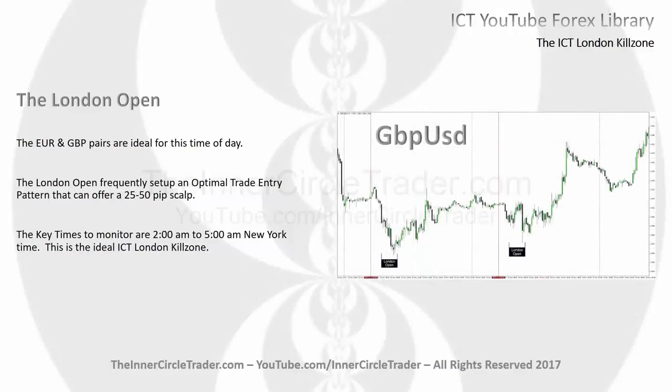And conversely, we can see when the market is bullish, the tendency is for the market to trade down, creating the low of the day in the London Open ICT kill zone. Again here, market trades down after midnight New York time, creates the low of the day between 2 o'clock and 5 o'clock in the morning New York time. Low of the day forms, off to the races we go.